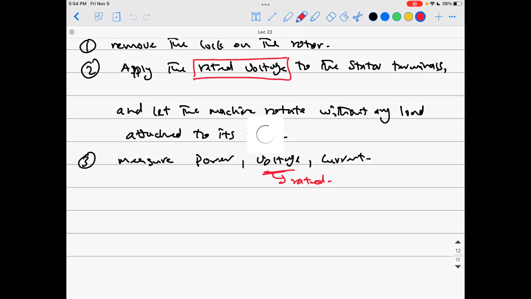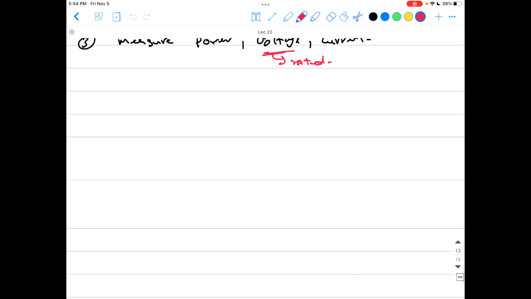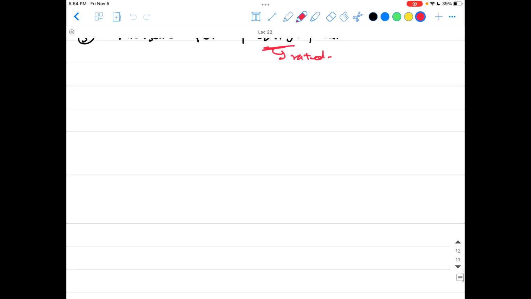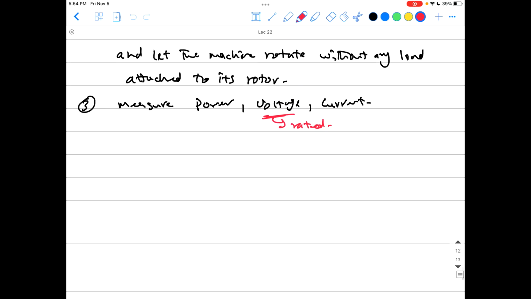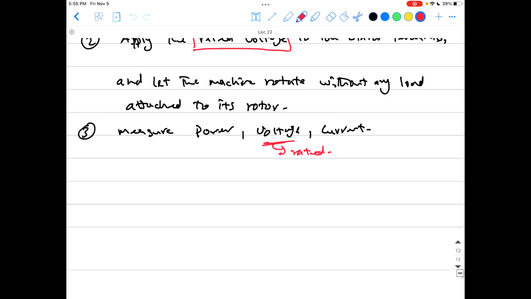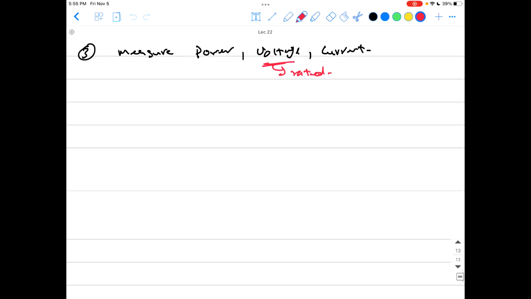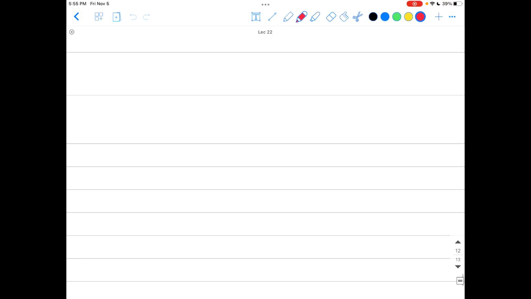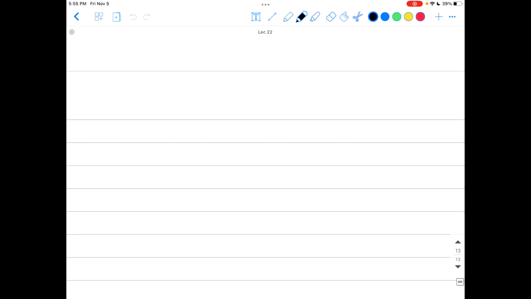Again, under these circumstances, what will the machine look like? For this condition, we need to know which circuit we are dealing with here. So let's again look at the equivalent circuit.